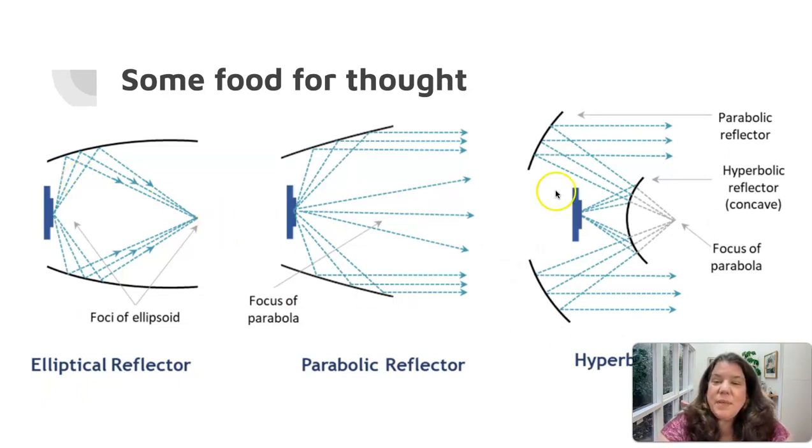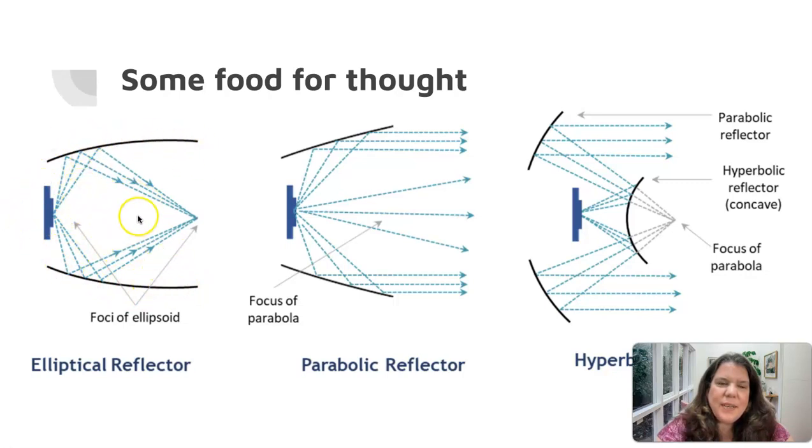Now, going back to mirrors for a moment, I'm just going to leave you with this food for thought, because we've also talked about ellipses and hyperbolas and what those definitions are. If you want to think about it, we'll discuss this in class next time. Think about if we actually had a mirror reflector shaped like an ellipse.